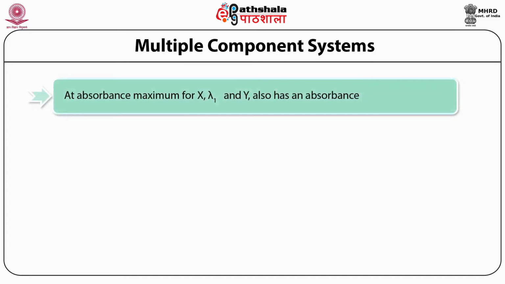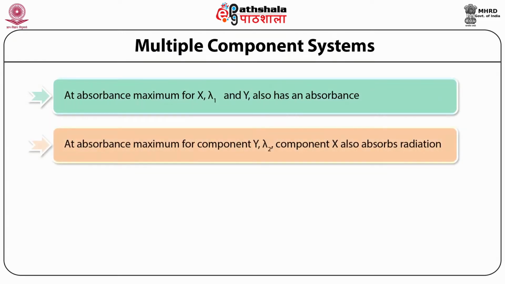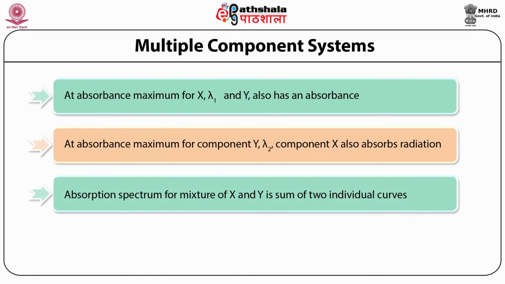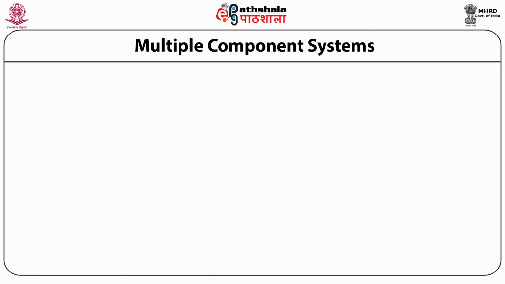The absorbance maximum for X is lambda 1, and Y has its absorbance maximum, for component Y, represented as lambda 2. Component X also absorbs radiation. The absorption spectrum for a mixture of X and Y is the sum of the individual curves.